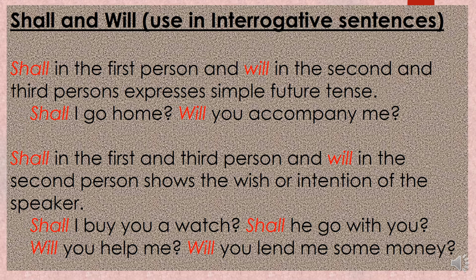You were making a simple prediction, a general remark, so you have used shall for the first person. And when you make a question out of this, you will just put shall at the beginning. Shall I go home? You will not say will I go home. Will I go home means you are making a statement, and if you want to make a question, you will use shall. But for the second and third person, you will use will.